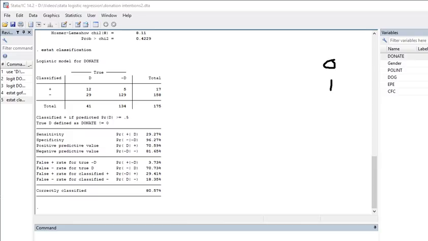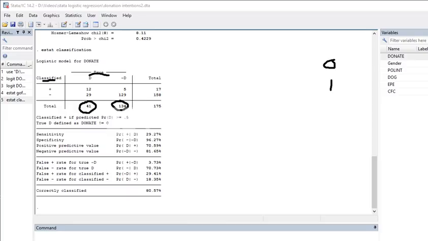And so you can see right here that you've got true and classified. So this is reflecting the observed group memberships and then memberships based on the classification or based on the prediction model. So you can see that in this case, we had 41 cases that were observed to fall into the intention to donate group, whereas we had 134 cases that fell into the do not intend to donate group.